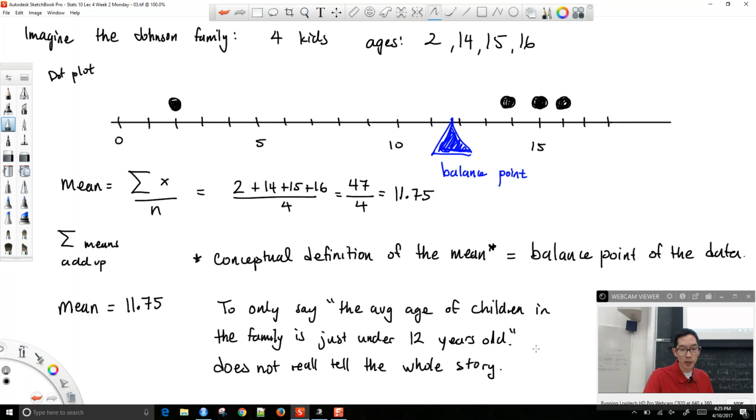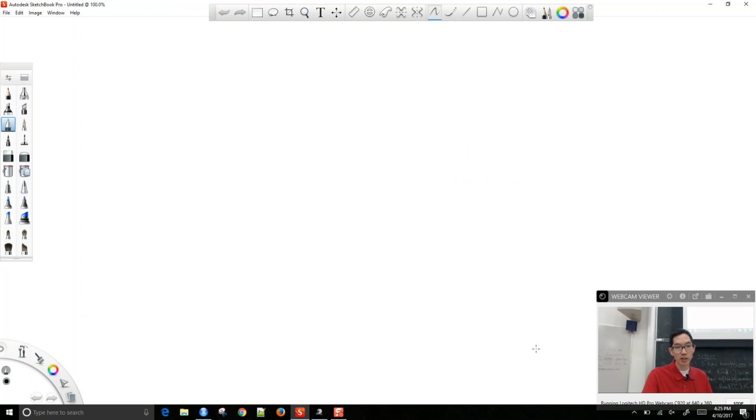Let me compare it to another family with 4 kids. Let's imagine the Smith family. Let's say the Smith family and the Johnson family were friends. Their 4 kids are again 16, 15, 14, and 13.